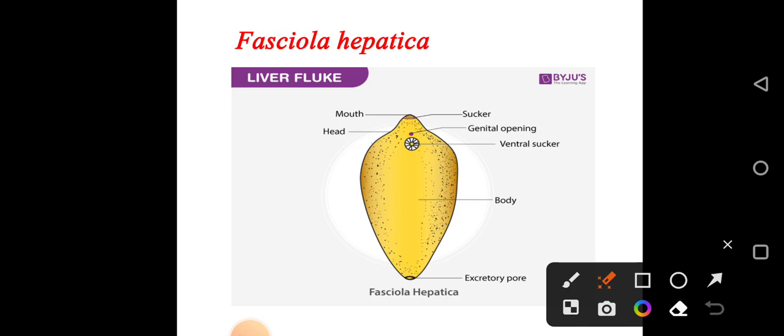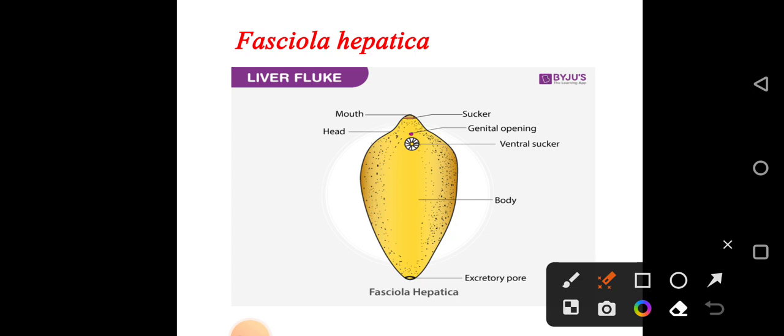Then the ventral sucker is situated mid-ventrally behind the oral sucker. It is called the acetabulum, and it does not have any aperture. Then next is the apertures.